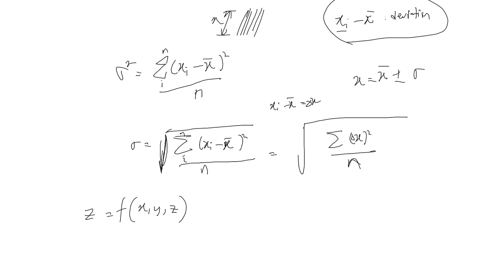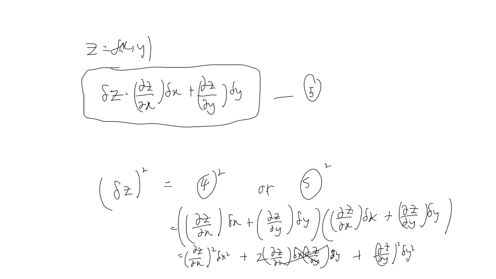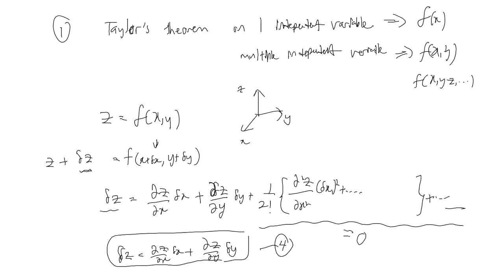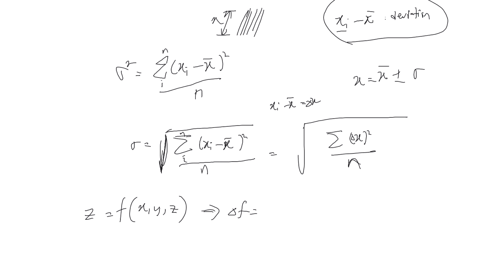We saw just now from the Taylor expansion, or the total derivative, we get delta f. Previously it was delta z, I had it as delta z. Now I call it delta f. Doesn't matter.